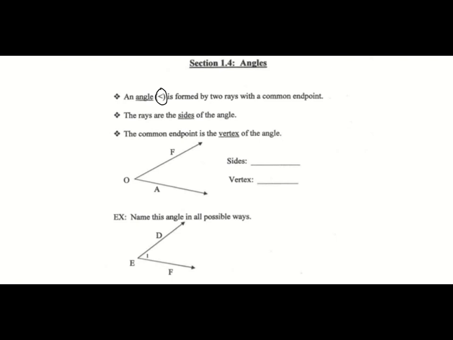So if we look at this picture of an angle, we have our vertex where our two rays come together. So our vertex in this case would be O. And the sides of our angle are the two rays.